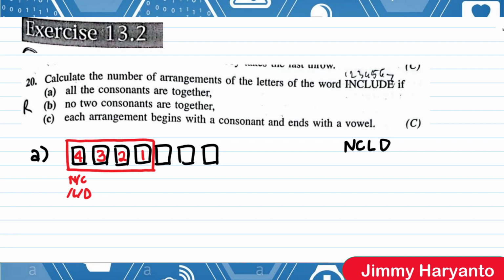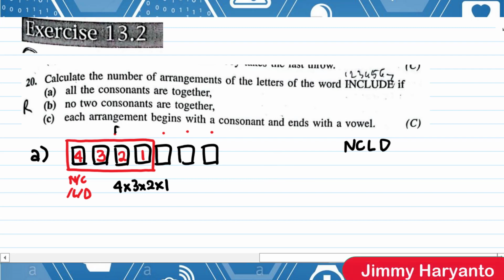And then for the next, we can consider this red box, this group, as one big box. So we have 1 2 3 4, 4 arrangements. Yeah, 4 factorial. So for this one we will say it's 4 times 3 times 2 times 1.